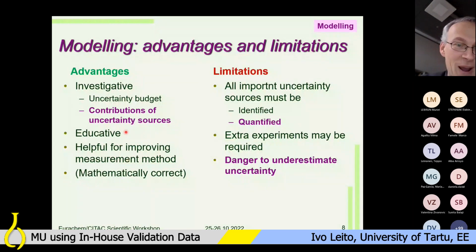And obviously, it's quite good also from the education point of view. So it's an educative method. Oftentimes, knowing these contributions and having the help for improving the method is just as important as getting the uncertainty estimate. And also, it's more or less mathematically correct, but I've put this in parentheses because it's a slightly more complex issue than we can discuss here.